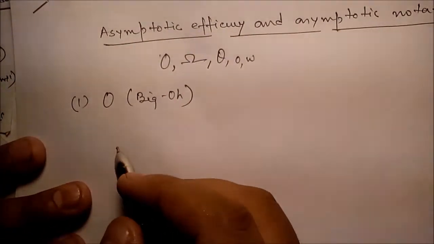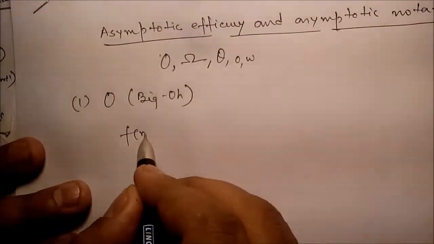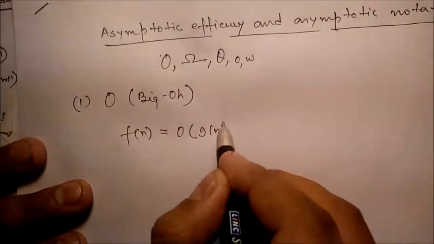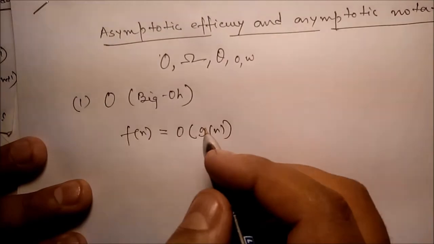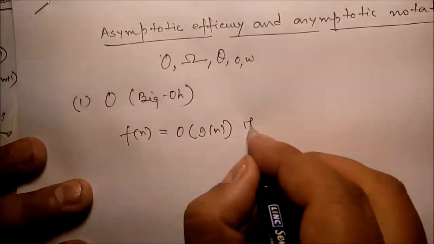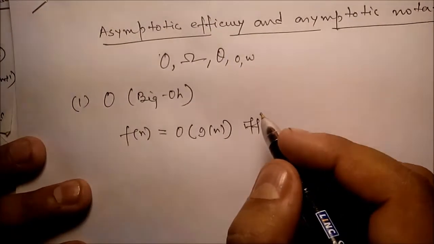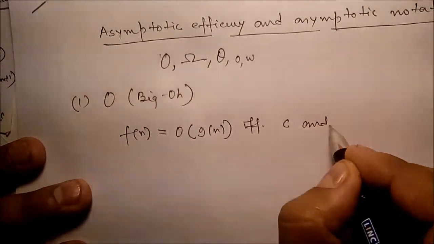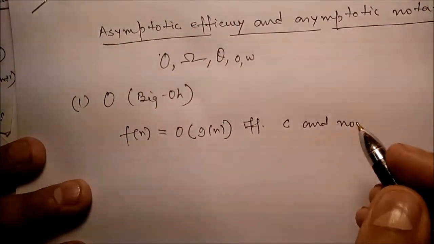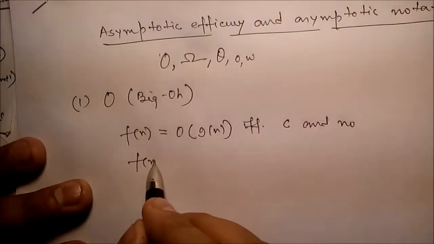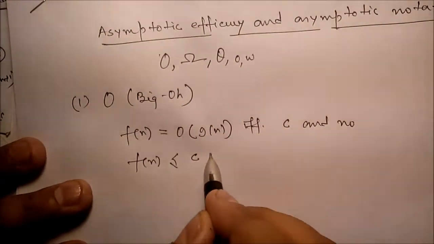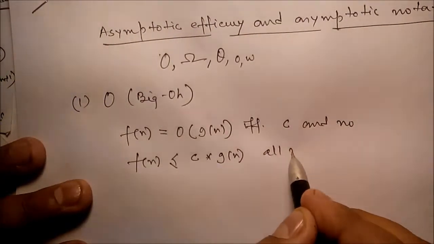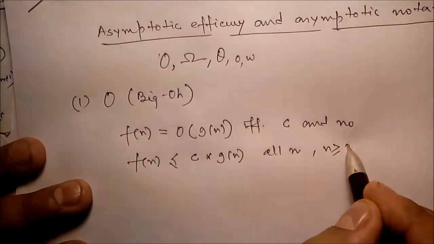The function f(n) is equal to big O of g(n) if and only if there exists positive constants c and n0 such that f(n) is less than or equal to c of g(n) for all n greater than n0.